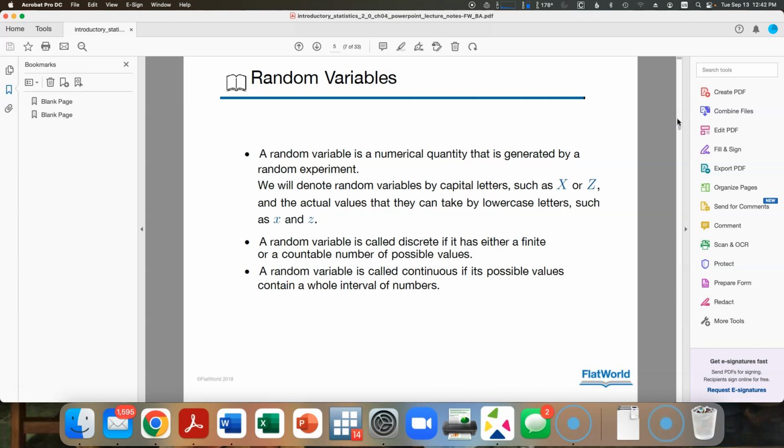Just to repeat what I've already mentioned both in the overview and the beginning of this lecture. The random variable itself is any number that's generated because you're conducting a random experiment. Random meaning that no outcome has any greater probability of occurring than another.